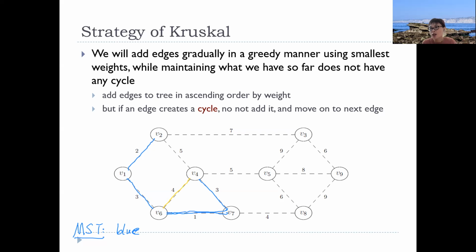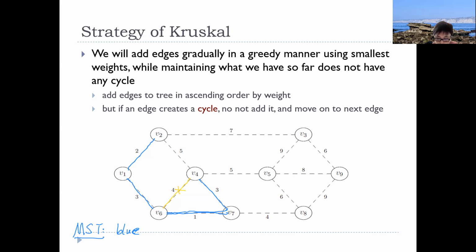I would like to use as cheap as possible. However, if I added this edge, then it forms a cycle here. Okay, so the blue are what we computed so far for the minimal spanning tree, and this causes a cycle in that. That means I cannot have this because we're looking for a tree which does not have a cycle. Okay, so we do nothing to this. So the blue is not a minimal spanning tree edge.